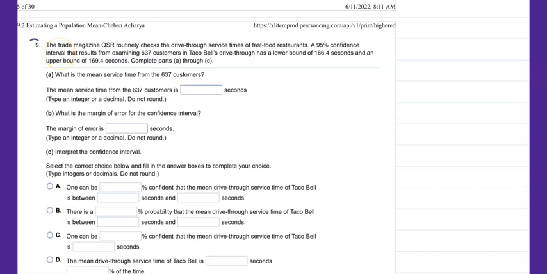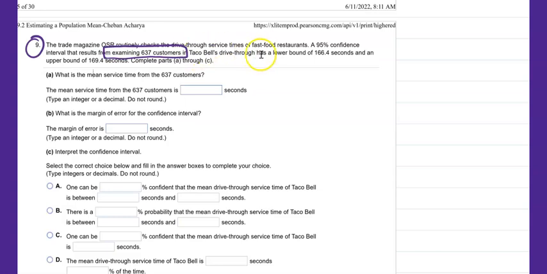Question number 9 is similar to previous questions. Let me give you a hint. The trade magazine QSR routinely checks the drive-through service time for fast food restaurants. A 95% confidence interval, the results are examining 637 customers. That is the sample size.